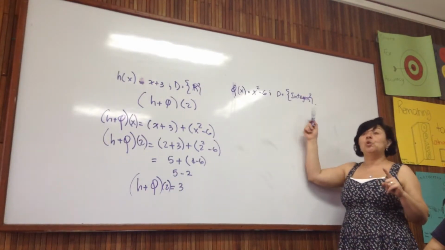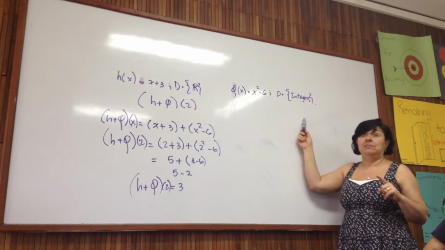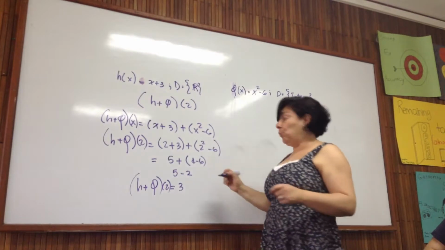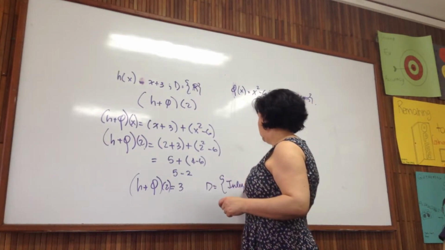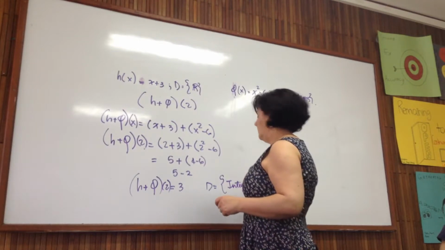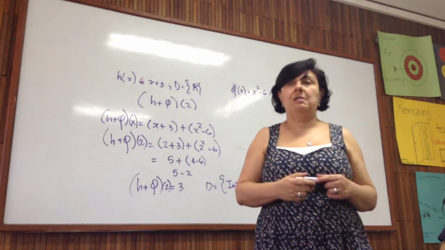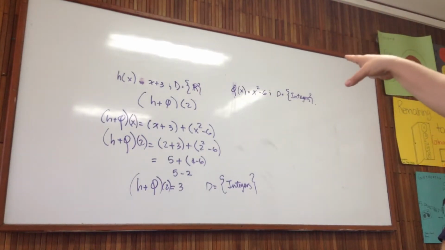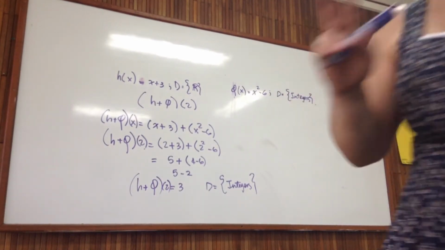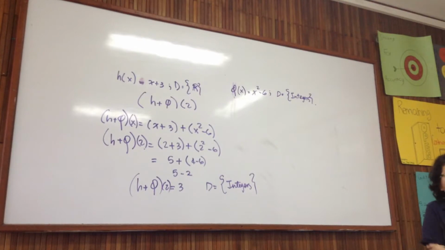Integers. So you take the one with the restriction. So your domain here would have to be Integers, because that's your restriction. You always take restrictions.